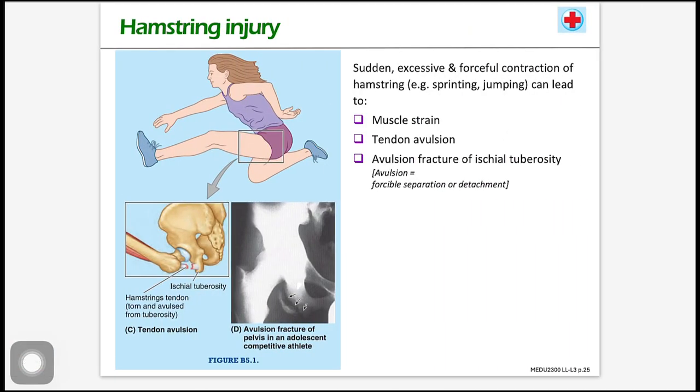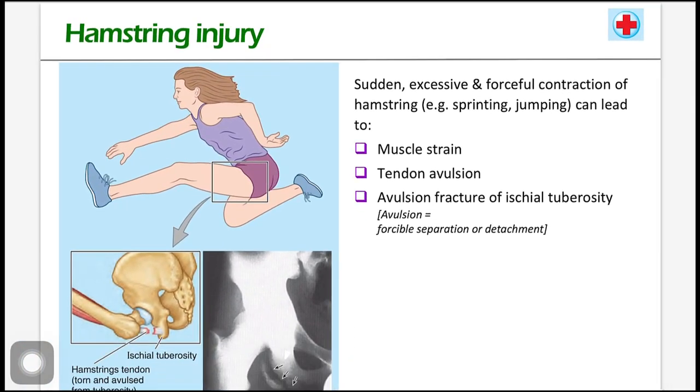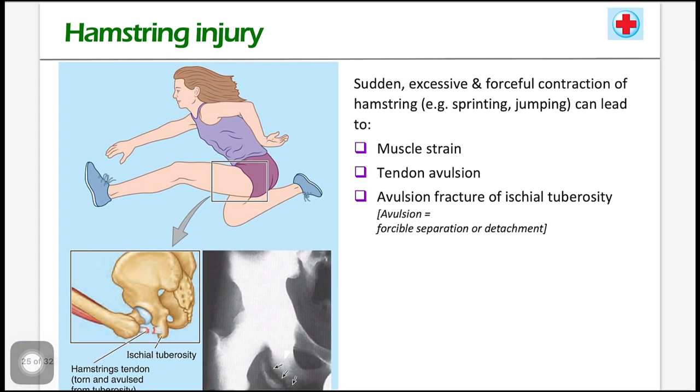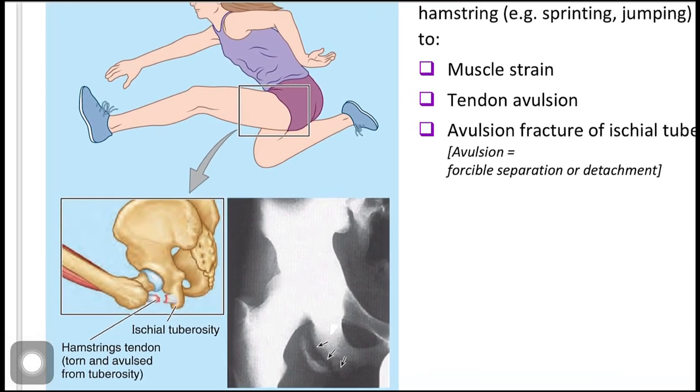Now the hamstring injury. If a person has an excessive and forceful contraction of the hamstring muscles, like splitting or jumping, hurdles, they can lead to the following. First, it could lead to muscle strain, and then take a look here.